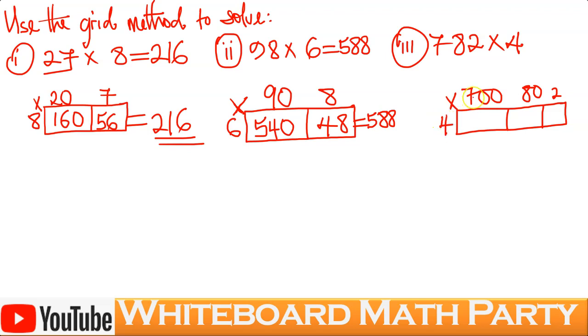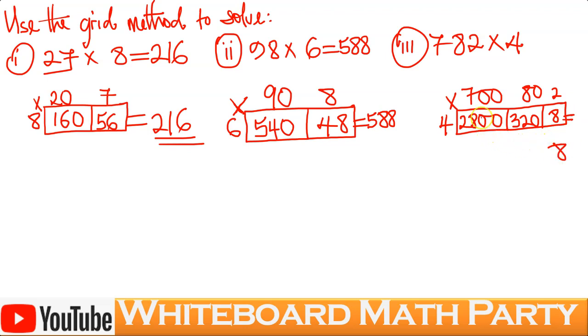So first, 4 times 7 gives us 28. You bring down the double zeros to give you 2,800. Now 4 times 8. This is going to give us 32. And I'm bringing down the 0. And finally, 4 times 2 is 8. So if we add these all together, let's do it. 8 is going to give us 8.